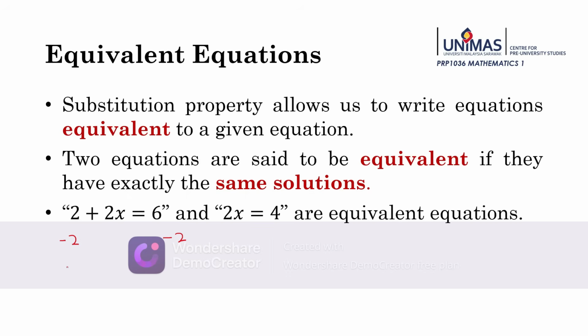So 2 minus 2 plus 2x equal to 6 minus 2, and you will get 2x equal to 4. This is exactly like the other equation given, so these two are equivalent equations.